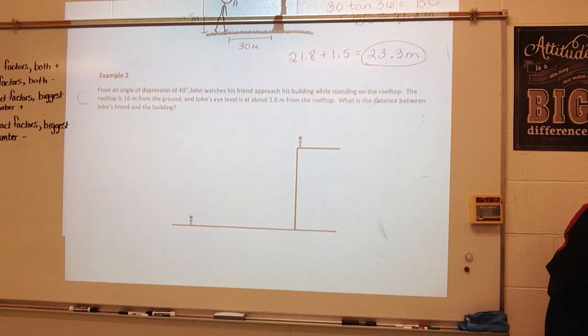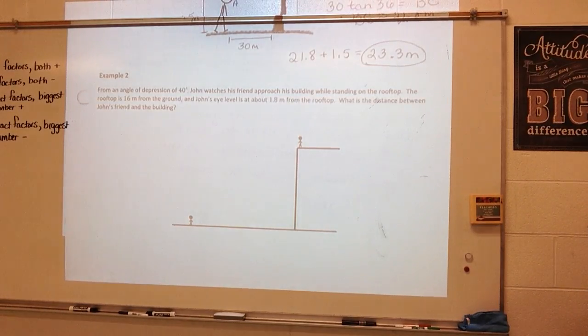He can see his friend in the distance, and his friend is slowly approaching his building. The rooftop is 16 meters from the ground, and John's eye level is about 1.8 meters from the rooftop. What is the distance between John's friend and the building?